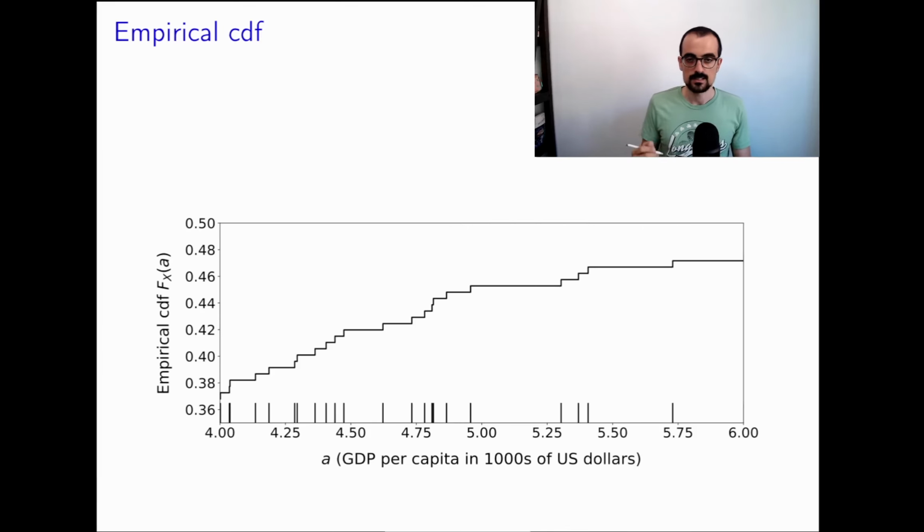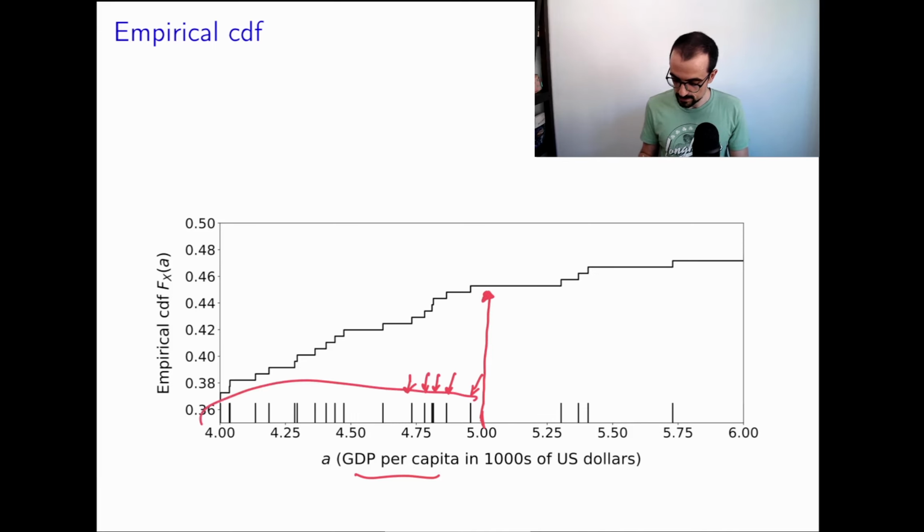Because of that, the empirical CDF is always going to be piecewise constant. Here, this is a rug plot of the individual data points that I have observed. This is some GDP per capita data. We'll talk about it in a moment. If I'm considering the empirical probability of 5, then I look at how many points are here, and what's the fraction with respect to the total number of points.